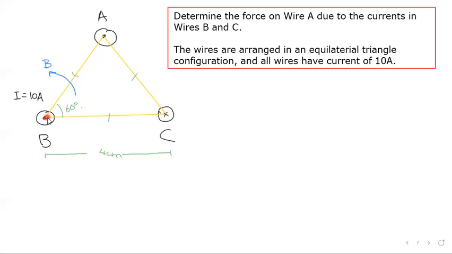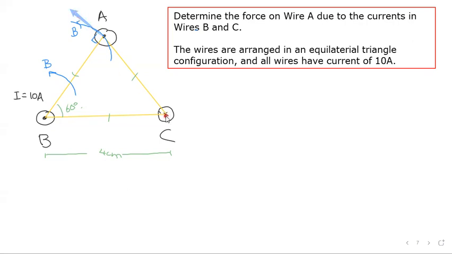So at some point, it's going to create a circular magnetic field at A. And more importantly, at A, the direction of the magnetic field from B is going to be tangential, so 90 degrees to this directed line. So you're going to get some magnetic field in that direction.